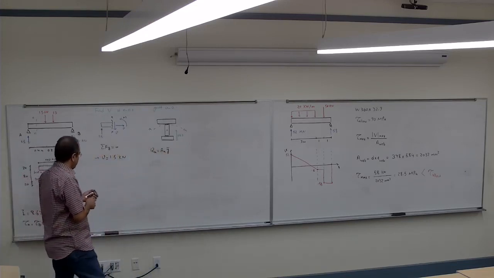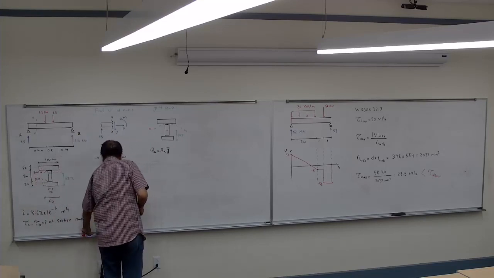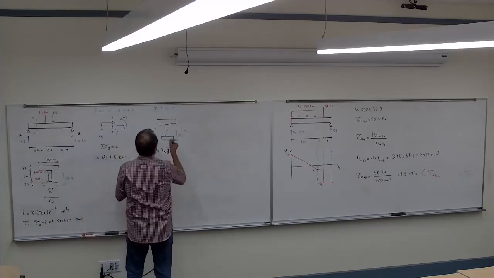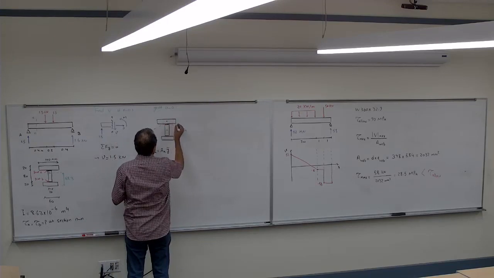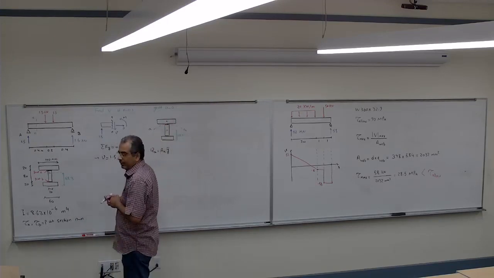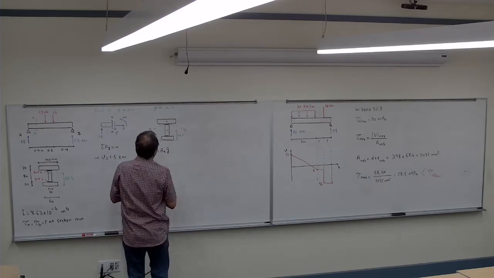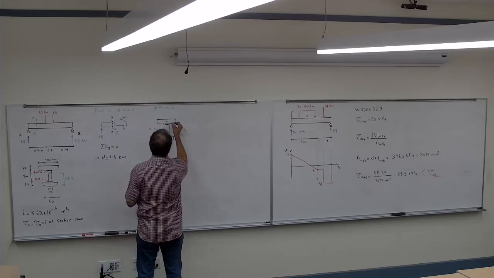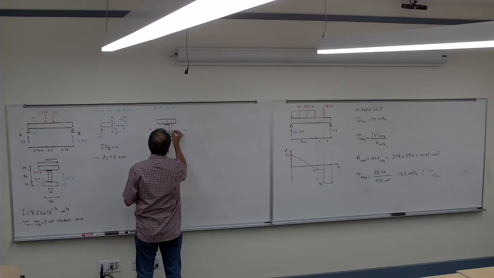So how much is the y bar distance from the neutral axis? So it's going to be this distance, correct? I'm going to put it there, so this distance is the y bar.